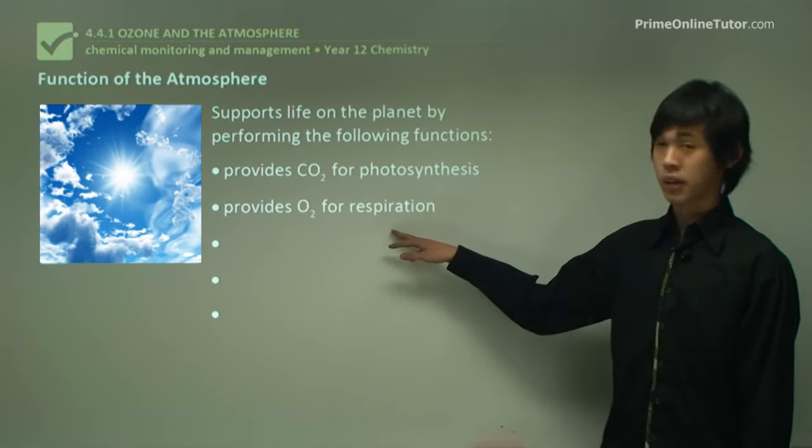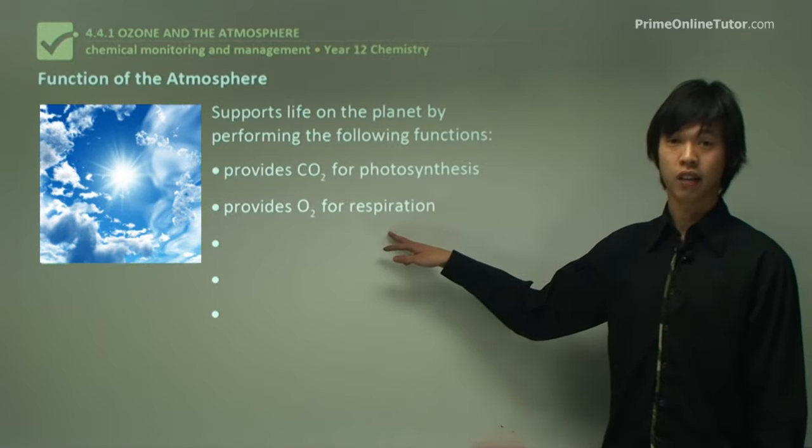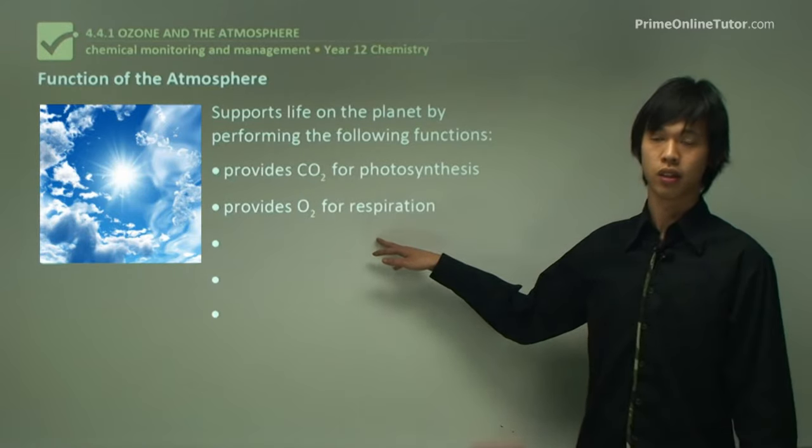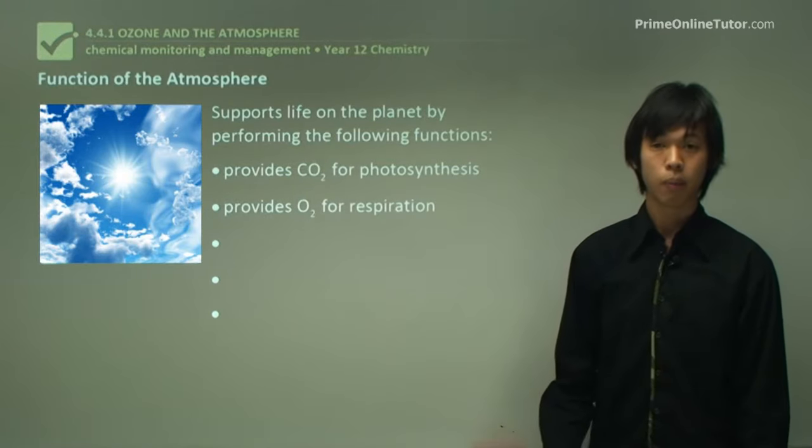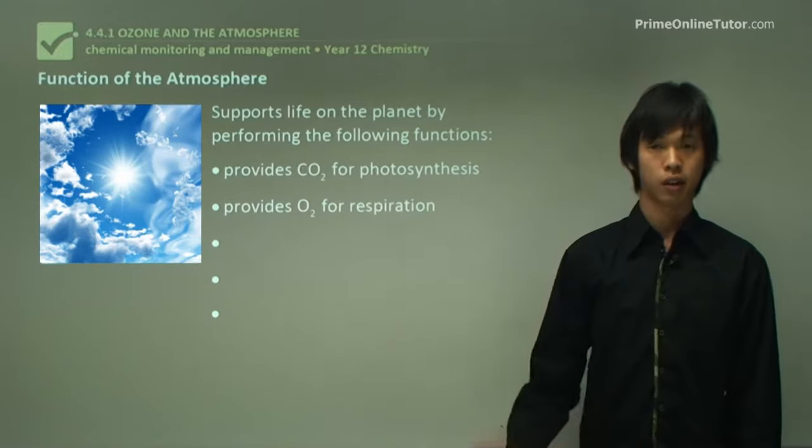Now, because that oxygen is coming out, we have oxygen present in the atmosphere, which we as humans and other organisms require for respiration, which is the generation of energy by the conversion of glucose and oxygen into carbon dioxide.